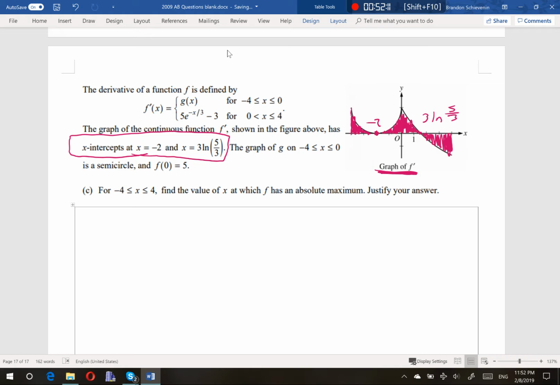I was going to write our function, but I'm going to write f.